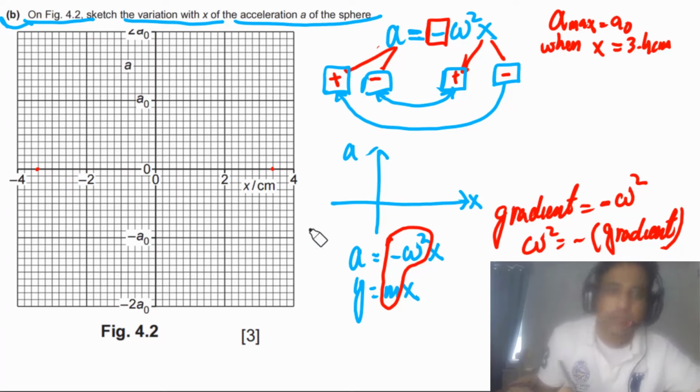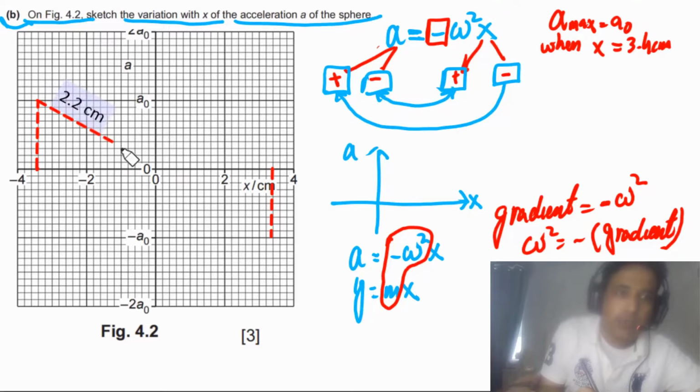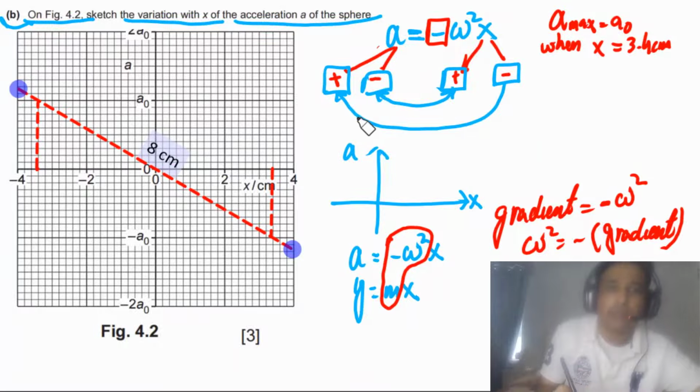Now we can draw lines from here. We can locate this point and draw a line from here, and locate the value of a. Now we simply need to draw the straight line connecting these points. We can also extend the line here.